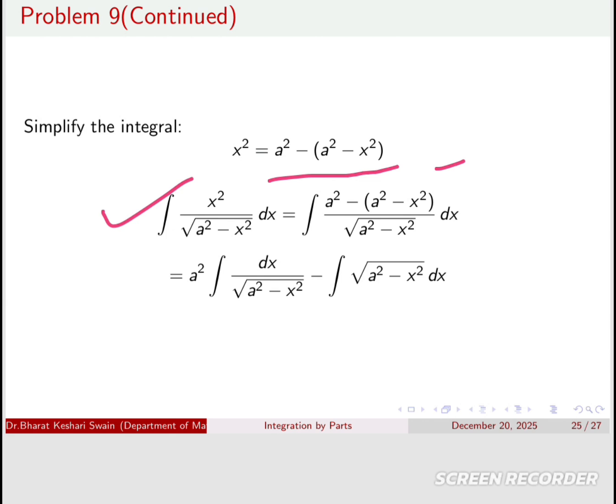Then separate the integration: one is a square by this, and another is a square minus x square by this. So it will be a square into integration of dx by root over a square minus x square, and another is integration of root over a square minus x square.